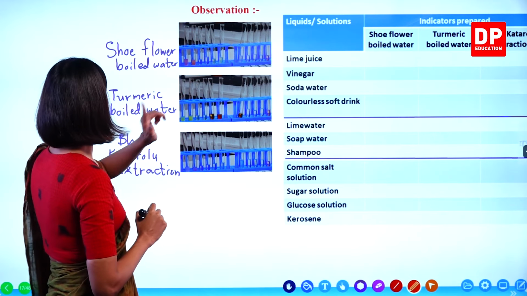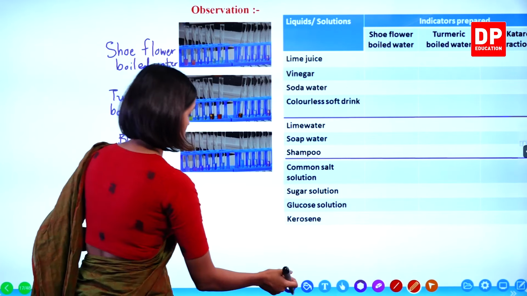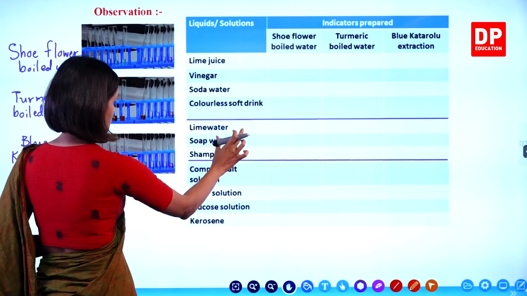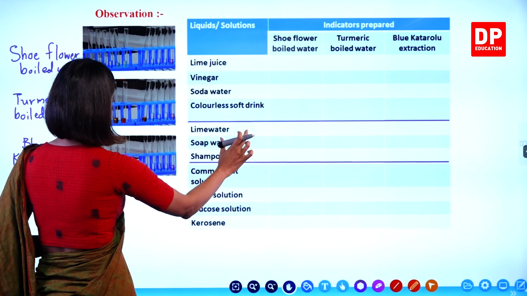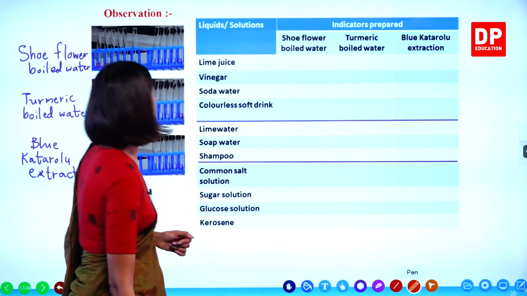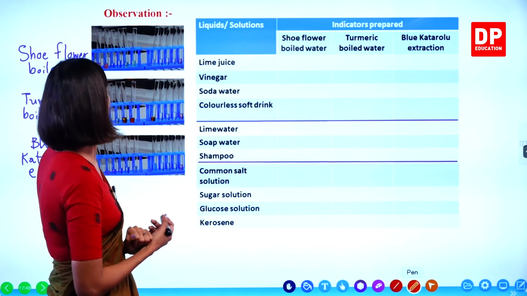Shoe flower boiled water, turmeric boiled water and blue Kataruru extraction. We will move this back. Okay. And we will write the observations.